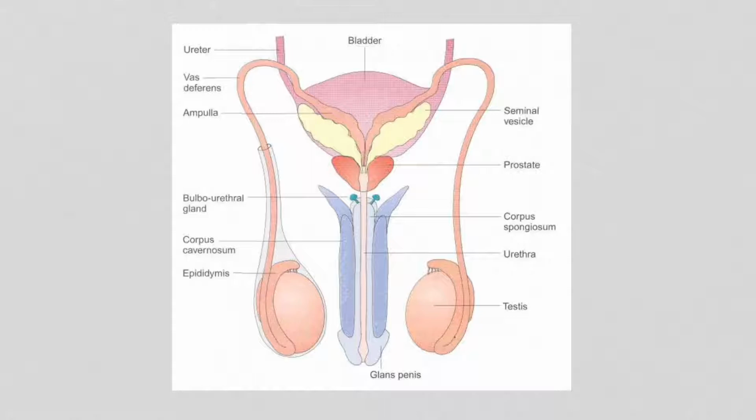And then the epididymis releases that sperm into the vas deferens, which carries it all the way to the urethra. Along the way, there are different glands that produce specific secretions that contribute to the production of semen, which carries the sperm to the female and is released within the female to fertilize an egg.